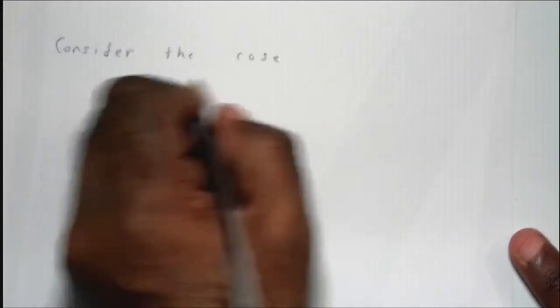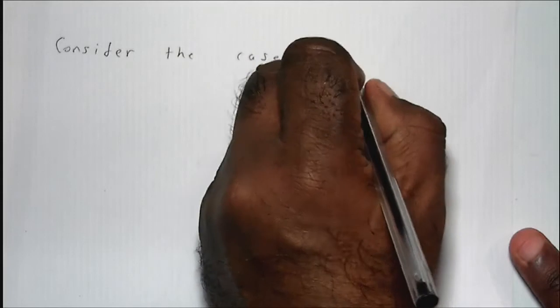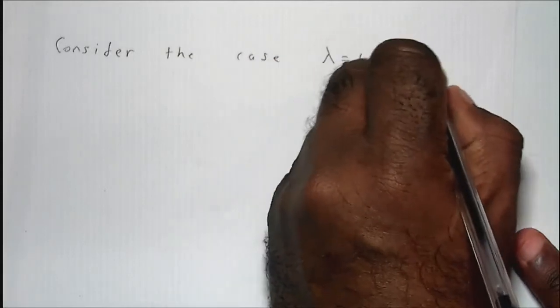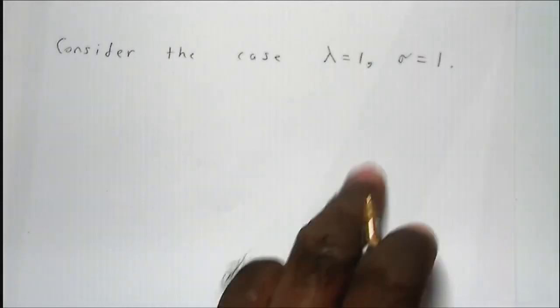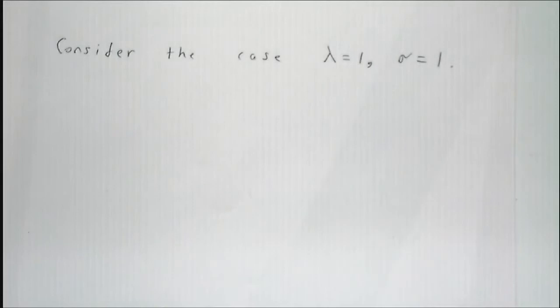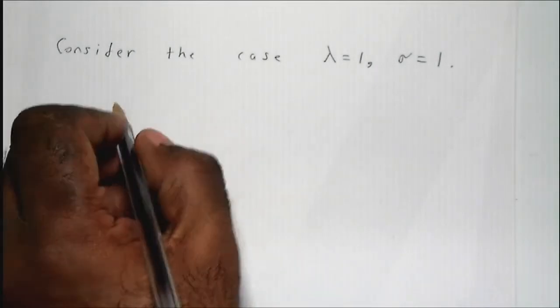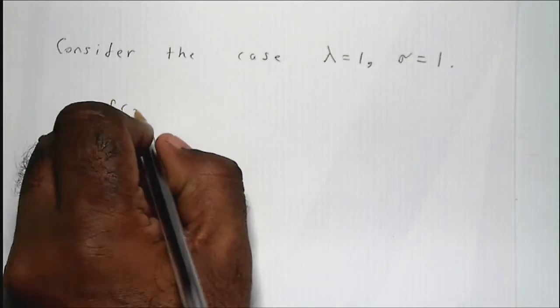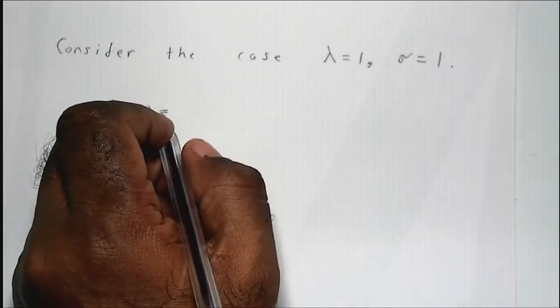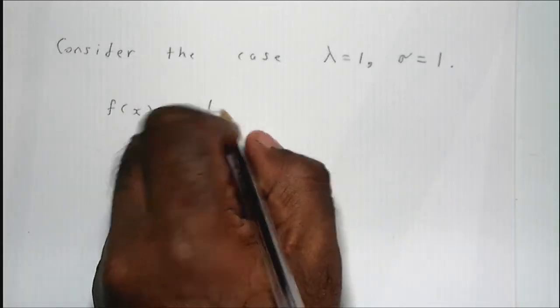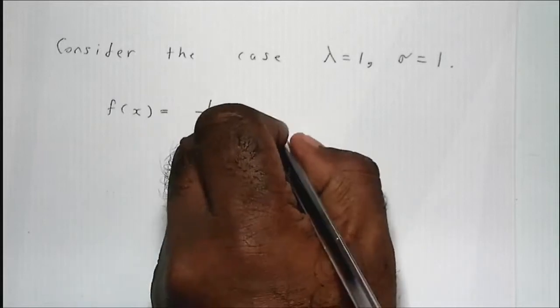Let's consider the case that lambda equals 1 and sigma equals 1. In this case, f of x is equal to 1 divided by x squared.